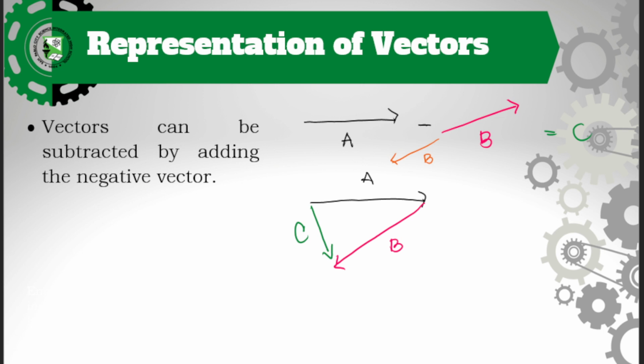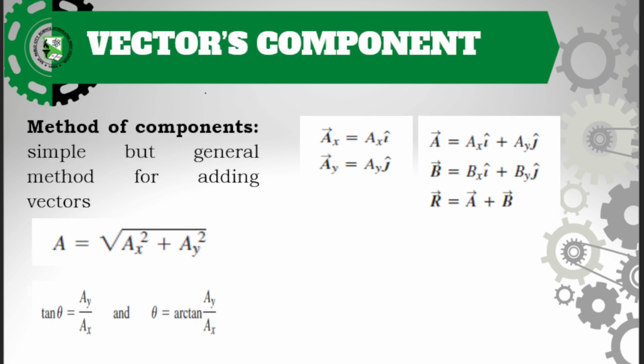Okay, so that is how to represent addition of vectors geometrically. Now in vectors, may encounter natin yung component system. Method of components: simple but general methods for adding vectors. Vectors are not limited to purely horizontal and purely vertical.